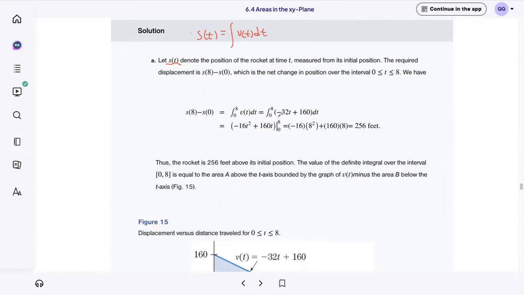Well, v of t is this. We anti-differentiate, we get this. So that's S of t. Then we evaluate at 0, at A, and we subtract them. So we get 256 feet. So this is saying the rocket is 256 feet above the initial position after t seconds.